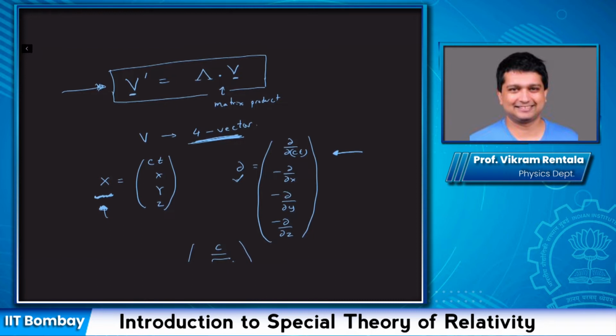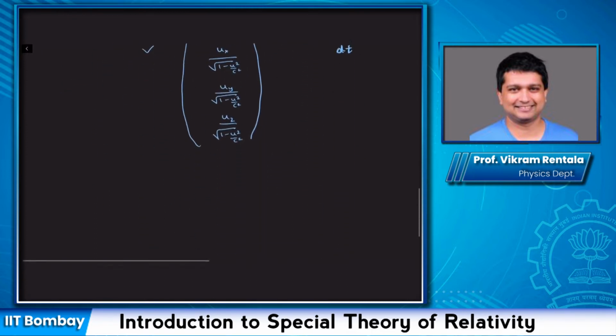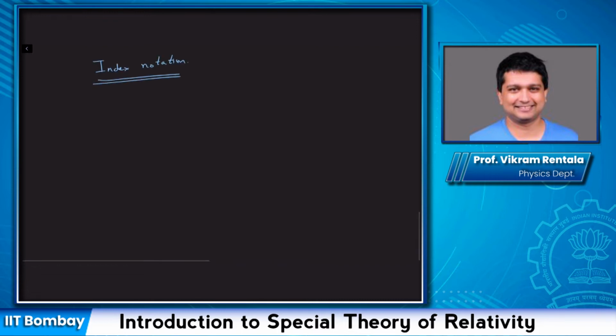Now, today we'll see a different way of writing the same transformation using what is called index notation. This is just a way to denote matrix multiplication using explicit indices.